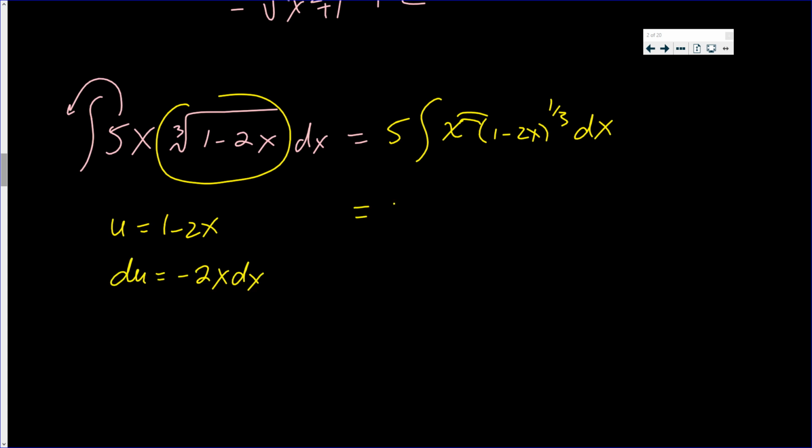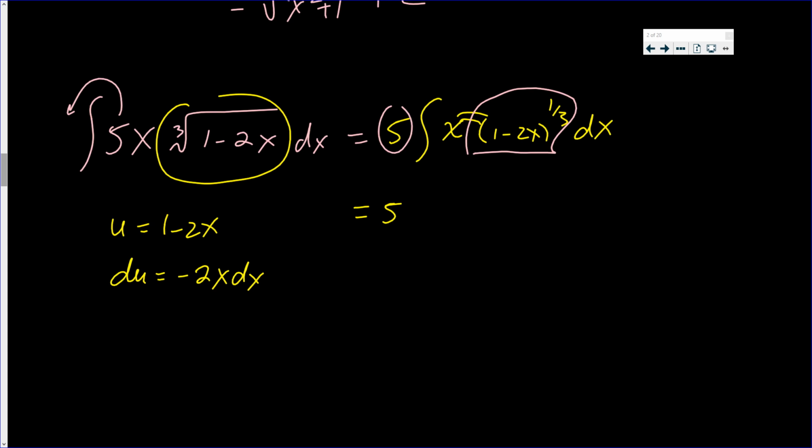Well, there's the 5. This part right here, I dealt with the 5. That part right there is u to the 1/3, and x dx. If I had a -2, then this times that, it's in front of me, it's du.